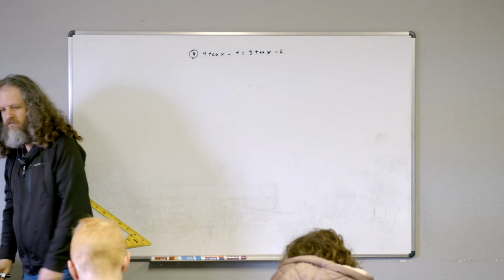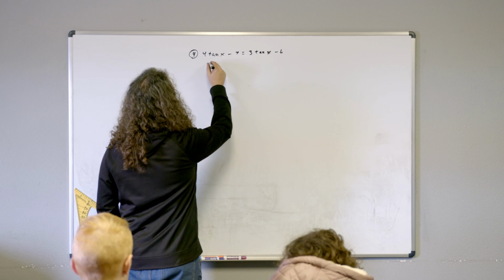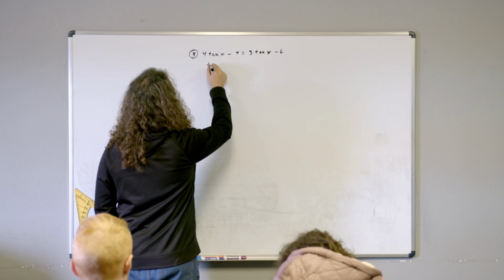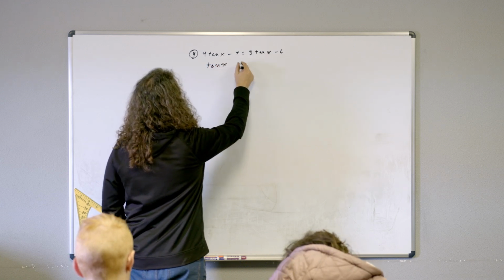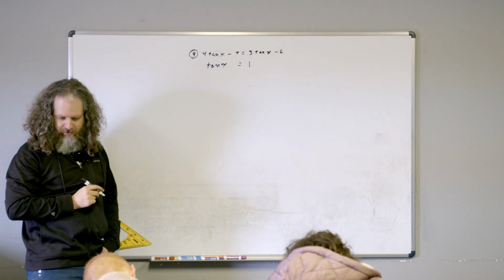You guys subtracted 3 tangent x on both sides and added 7 on both sides. Sounds like a good idea. So you ended up with the tangent of x equals 1. Unless I'm greatly mistaken, you did not end up with that.